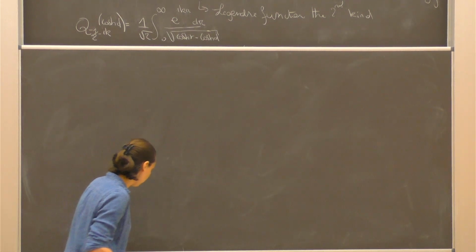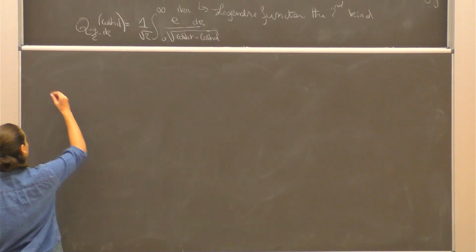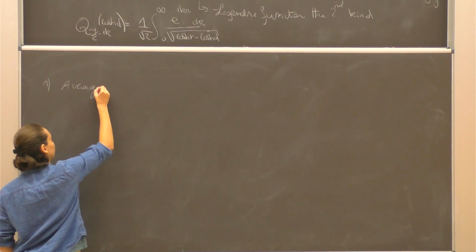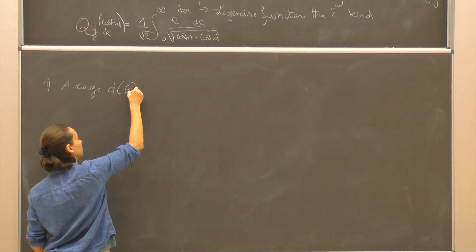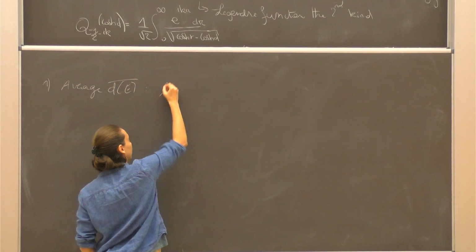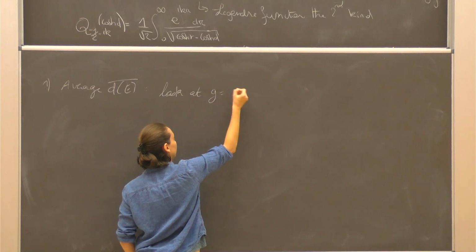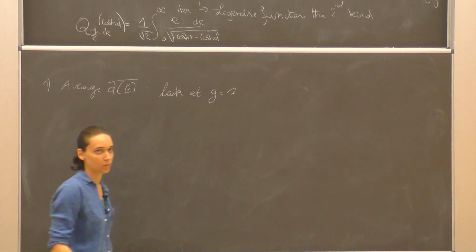So we will first have a look at the average density of states, and the point is you have to look at G as the identity. Okay, is that clear?